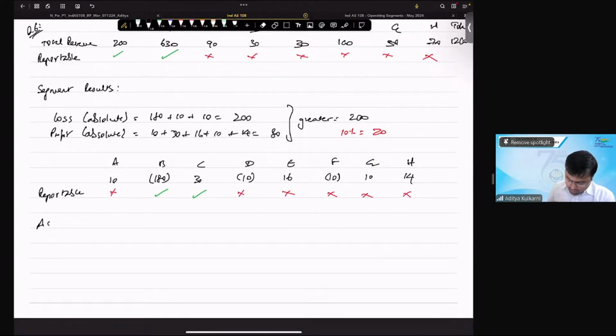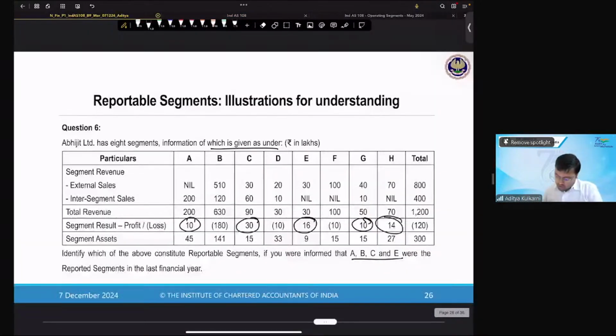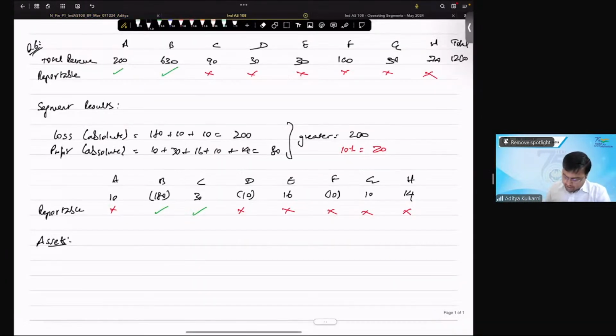No, sir. Assets. Now we talk about assets. What is the total value of your assets? 300. 10% of that is 30.